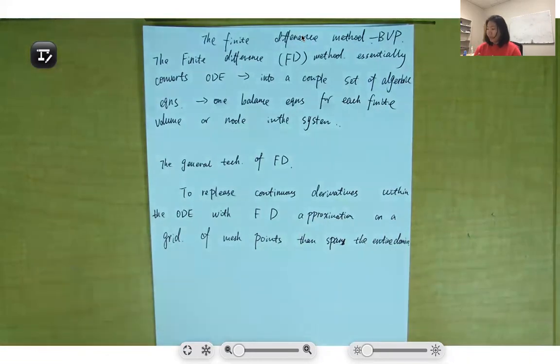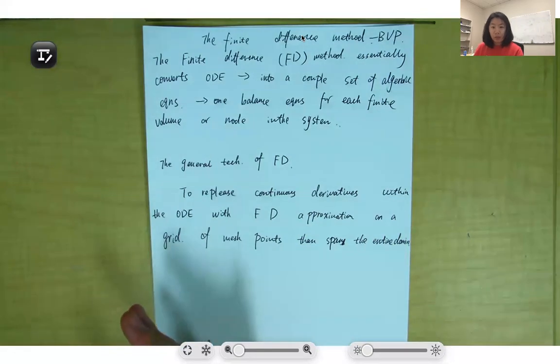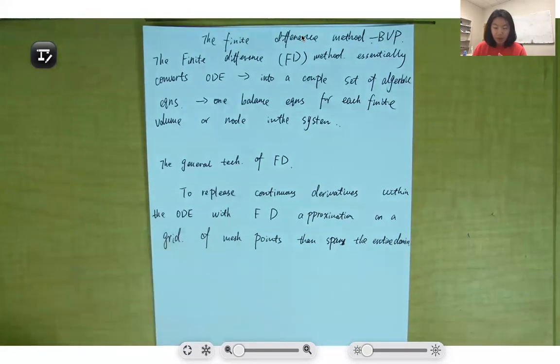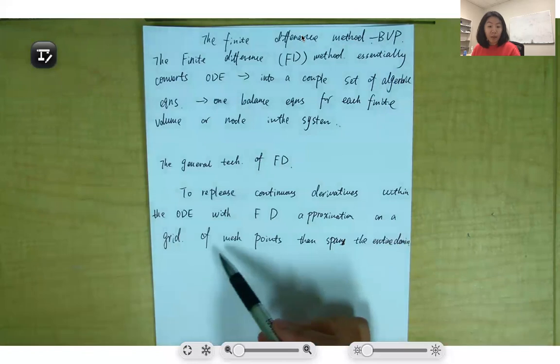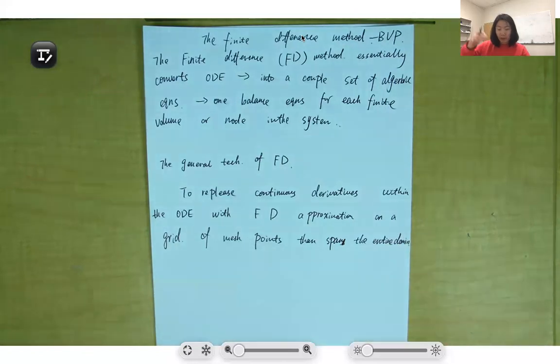So basically our ODE is a continuous differential equation, right? It represents the continuous derivative. But for the finite difference approximation, instead of writing a continuous derivative, we use algebra equations on a grid of mesh points that spans from x0 to xf.